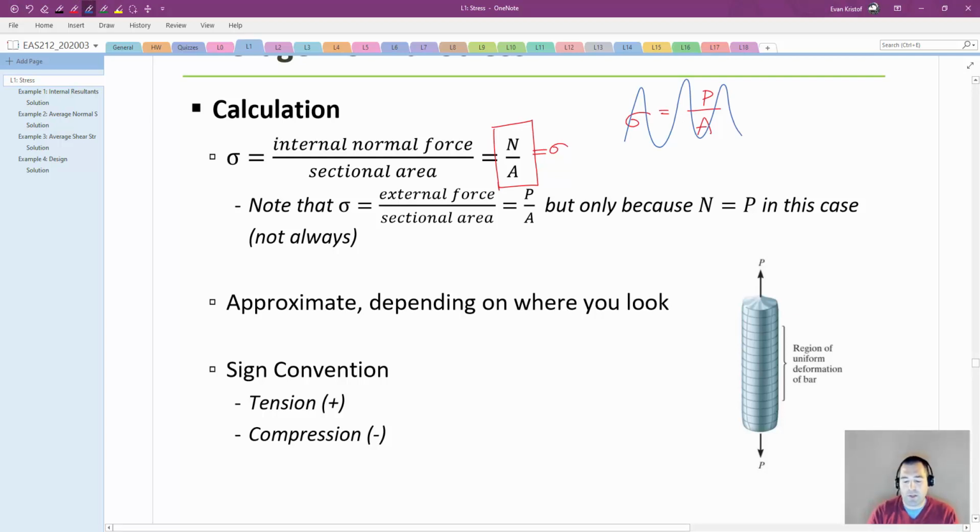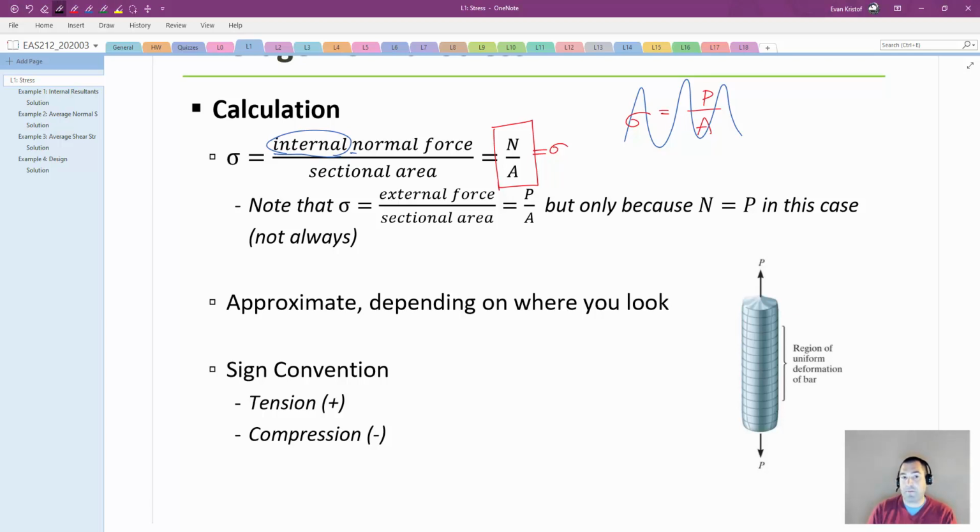It's really important to note that sigma, when we calculate it this way, is the internal normal force divided by the cross-sectional area. P is usually reserved for an externally applied force. So P and N are not exactly the same thing.